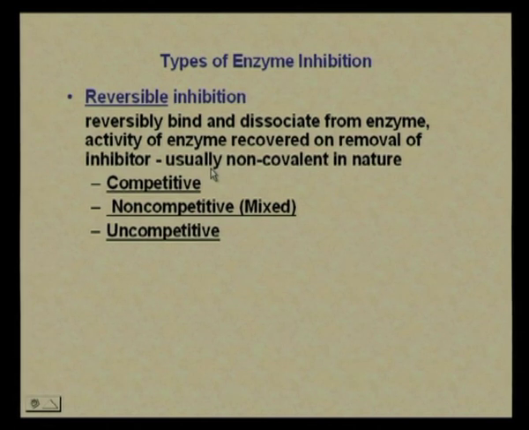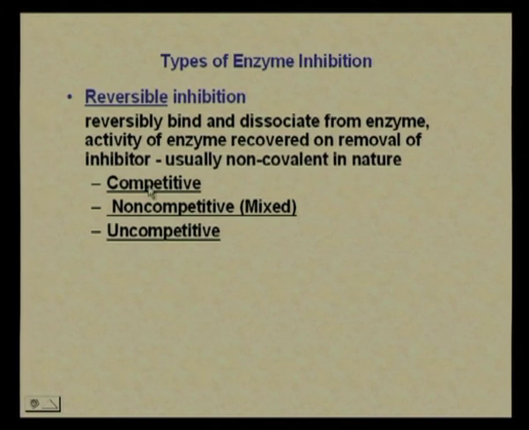So, you just have a loose association of the enzyme and the inhibitor, just like you have the enzyme and the substrate. The reversible inhibition can be of three types. You can have competitive inhibition, non-competitive inhibition and uncompetitive inhibition. We will see how these three different types are going to change the overall activity of the enzyme and how actually they occur.